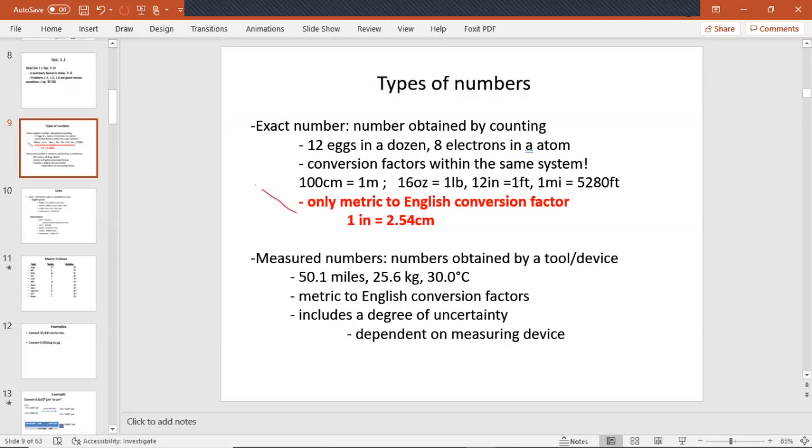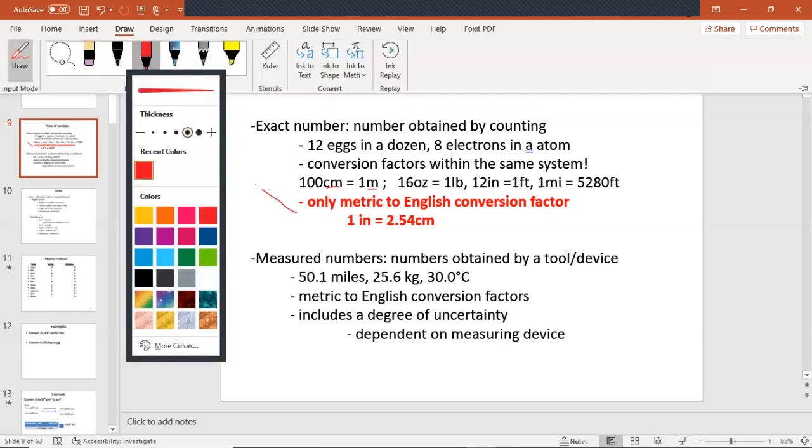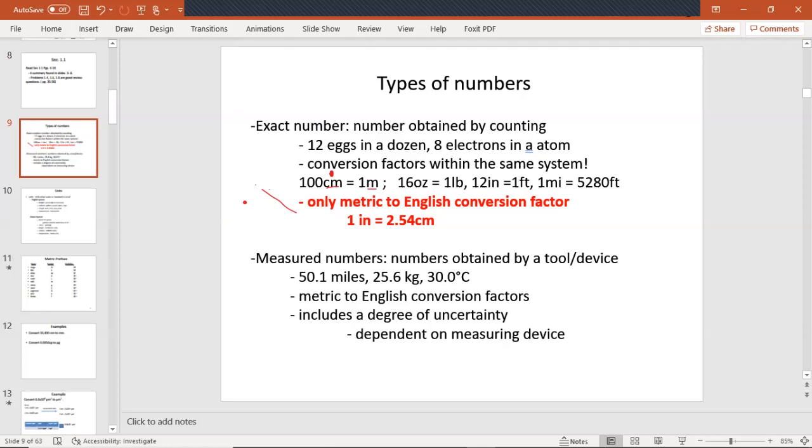And so for example, when we go from centimeters to meters, we're within the metric system. So since it's metric to metric, it's an exact conversion factor.